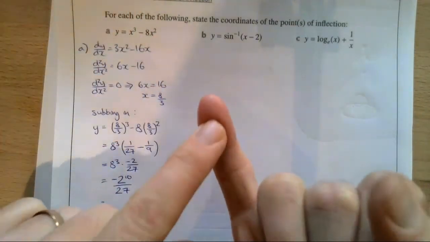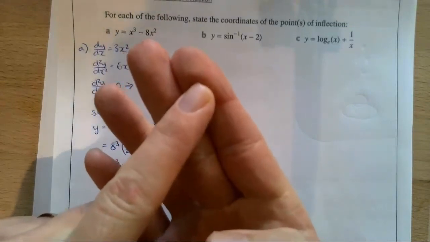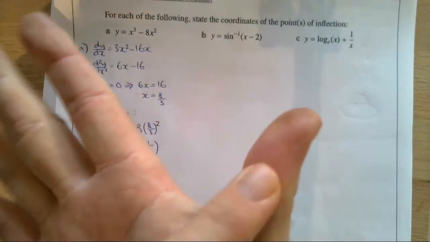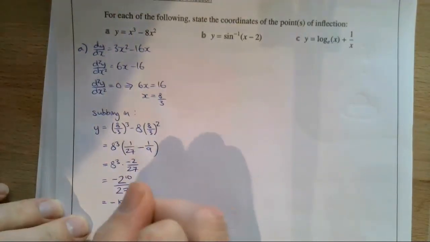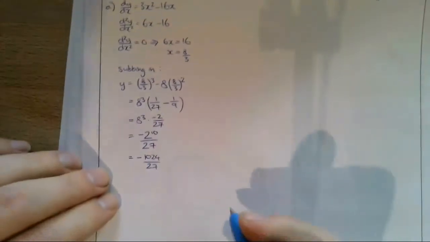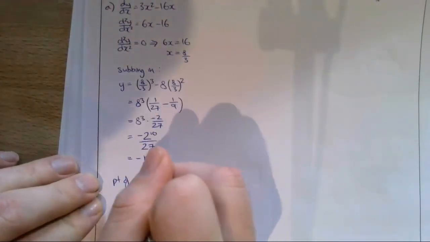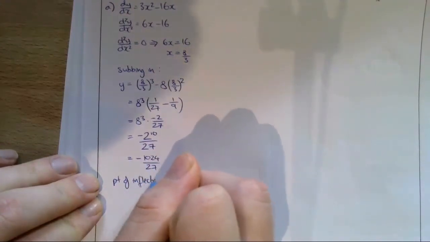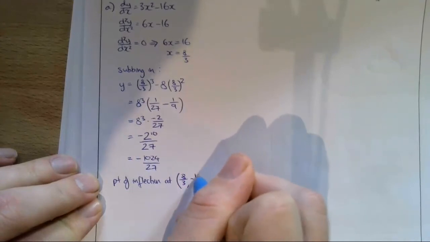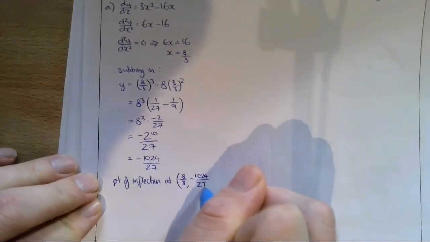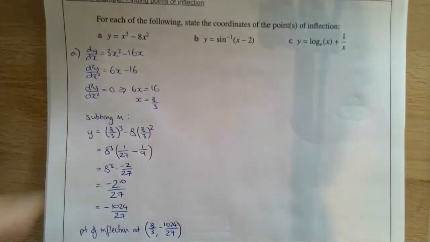Second hand, 64, 128, 256, 512, 1024. So minus 1024 over 27, meaning that we have a point of inflection at 8 over 3, minus 1024 over 27. So pushing on non-calc skills a little bit, but all good stuff.